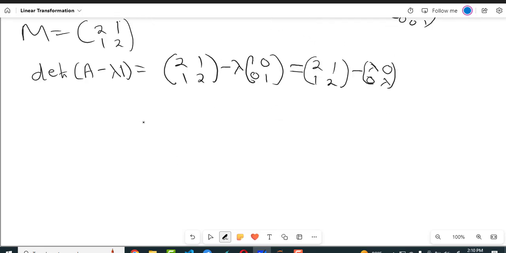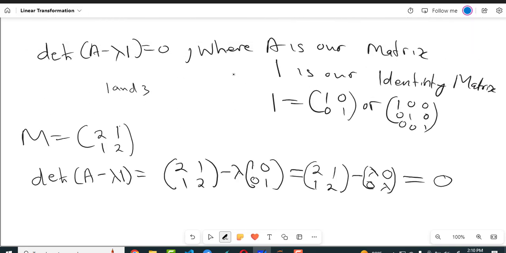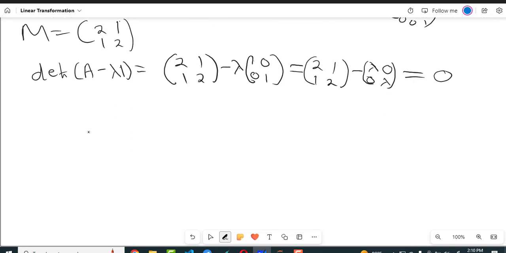So taking the determinant to find the eigenvalues, especially for our polynomial, obviously here it is all equal to 0, because the determinant has to form an equation equal to 0 in our polynomial.